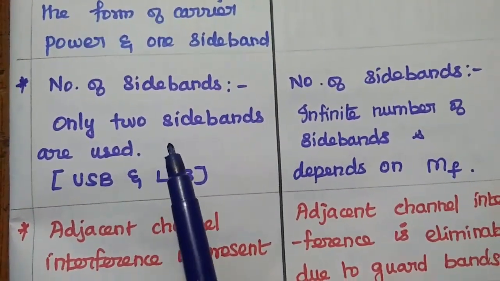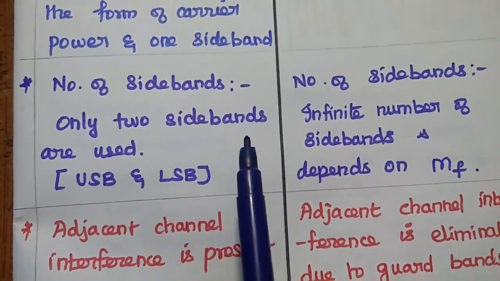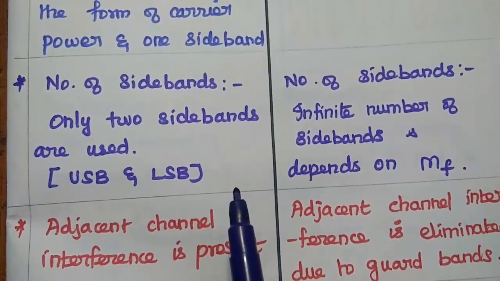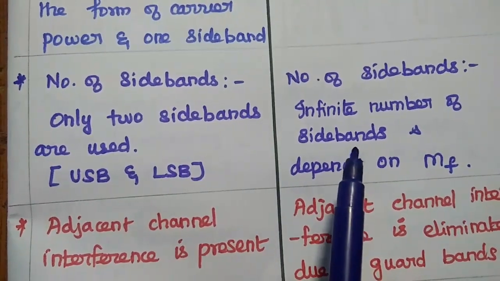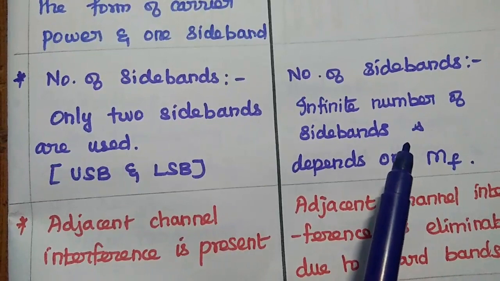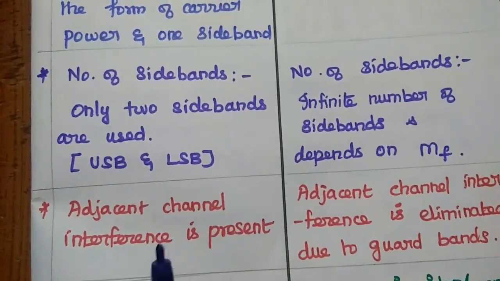In amplitude modulation, only 2 sidebands are used, the upper sideband and lower sideband. In case of frequency modulation, an infinite number of sidebands can be produced. The number depends on the modulation index.